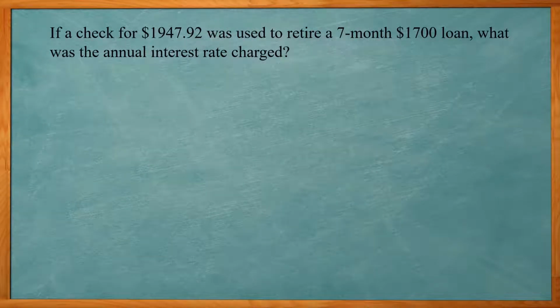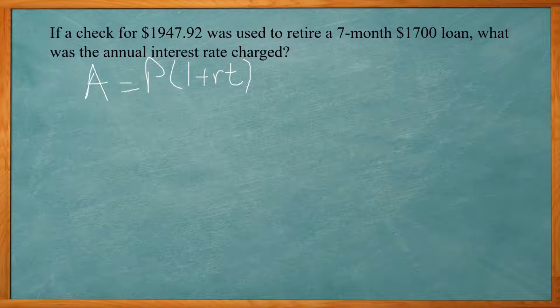So this says if a check for $1,947.92 was used to retire a 7-month, $1,700 loan, what was the annual interest rate charged? All right, so in this one, we still want to use the A equals P(1 plus RT). On this one, we want to find what R was equal to. Okay, so they wrote the check for $1947.92.